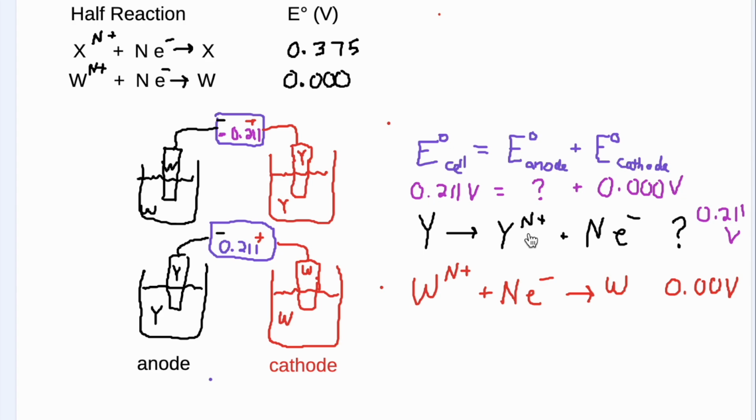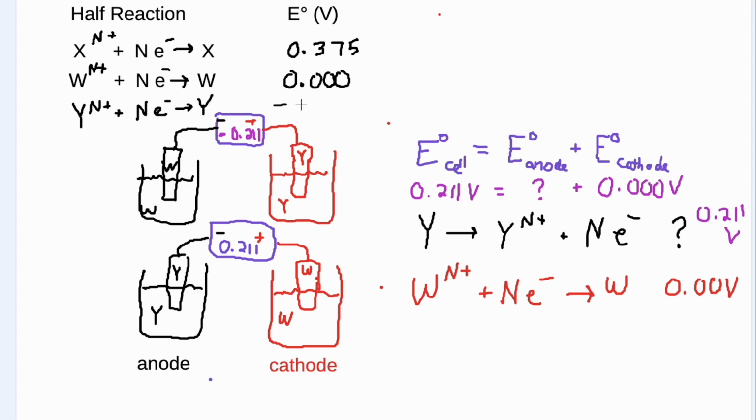When you put the half reaction into the table, it is the opposite of this. So we want to have the reduction of Y as the half reaction in the table. So when we write the reverse of this, we have the Y with the N positive charge gaining N electrons and going to metal Y. When we flip this around, we change the sign of the potential.